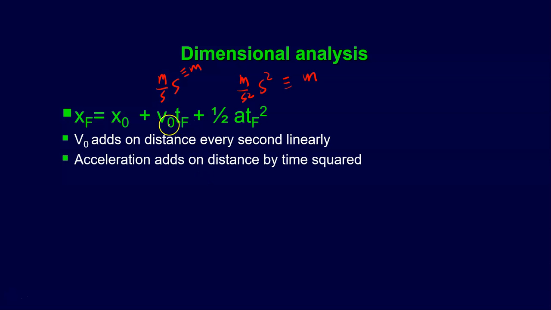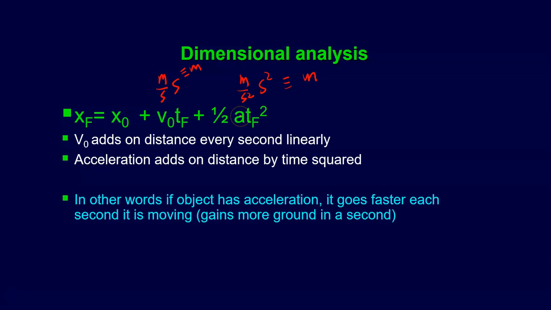Every second you add the same distance. But the acceleration adds on distance by time squared. And it's just like that picture we did before, where we were adding the area under the curve. It's another way to think about it. But in other words, if the object has acceleration, it's going to go faster each second it is moving, and it's going to gain more ground every second that it does this.